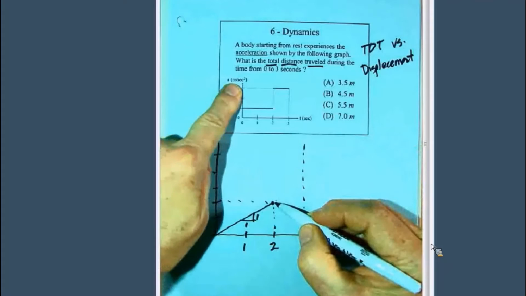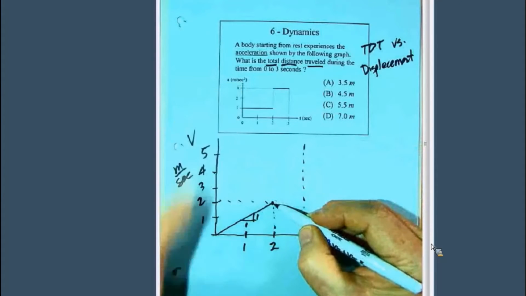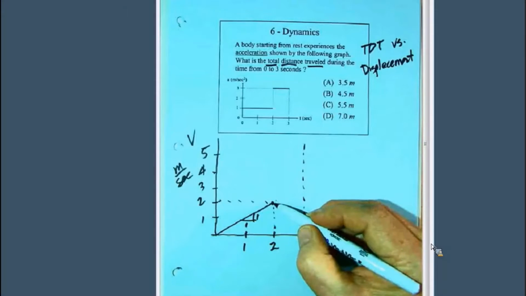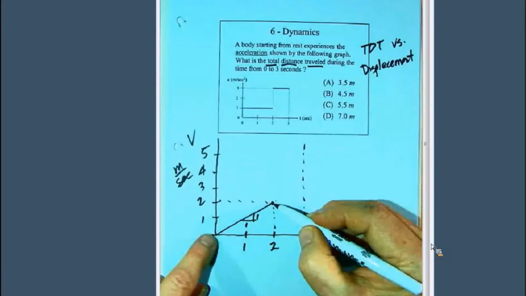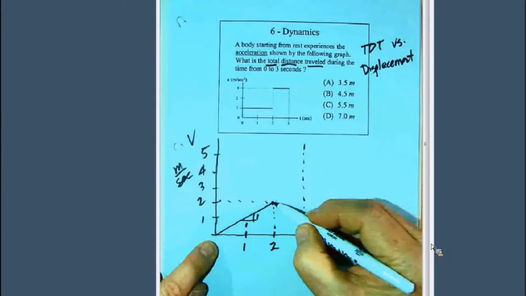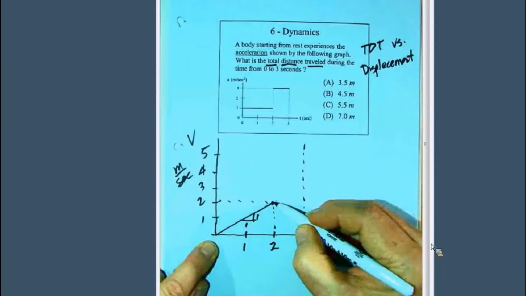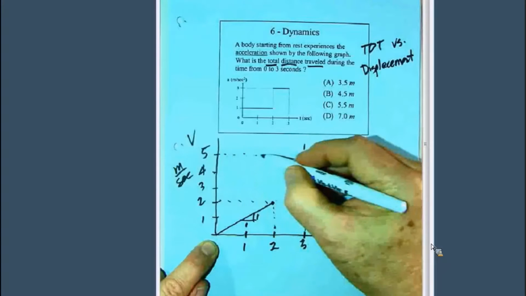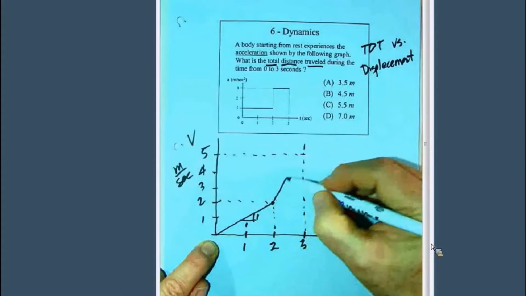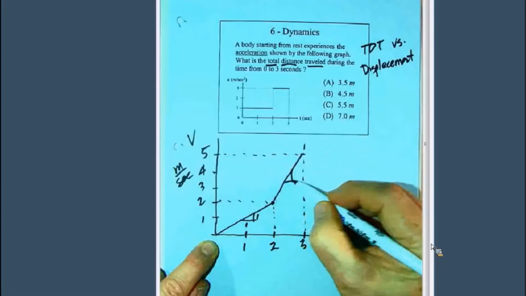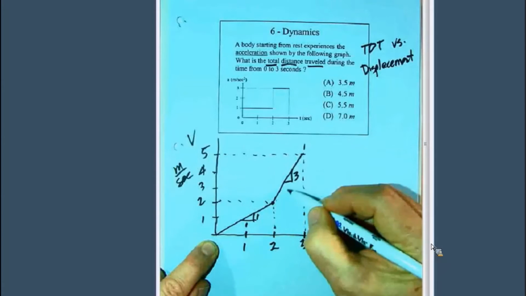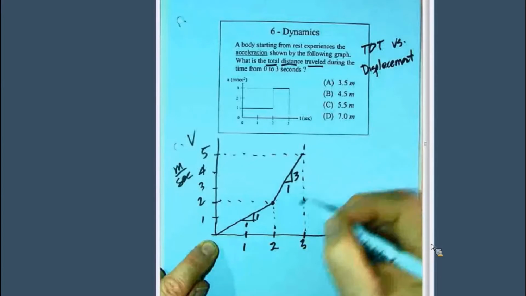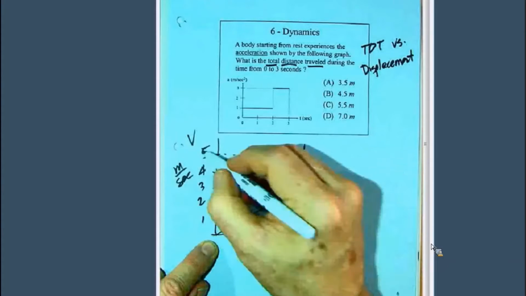That's why I like to think of it as meters per second: every second we get another 1, so that gets us to 2 meters per second. But then for 1 second, we're going to go at 3, so we're already at 2, so we end up here at 5. This is going to be a 3 to 1 ratio, 3 for each second, and you're going to end up here at 5 meters per second.